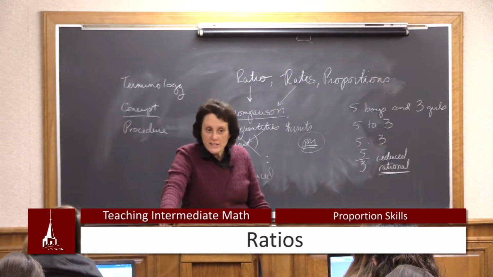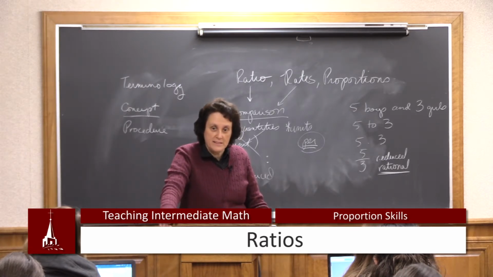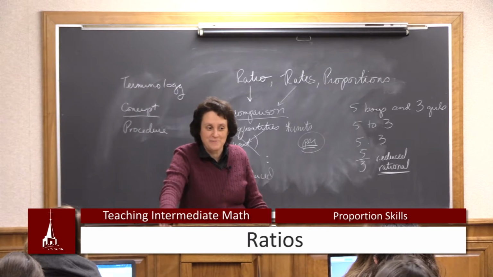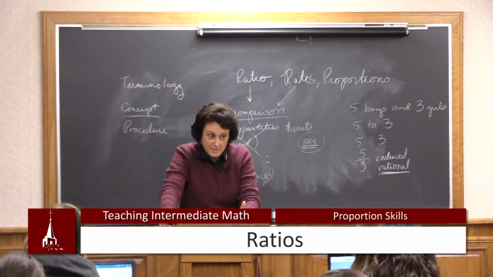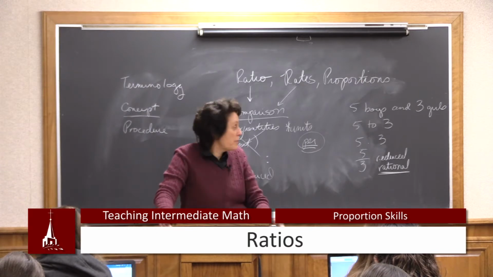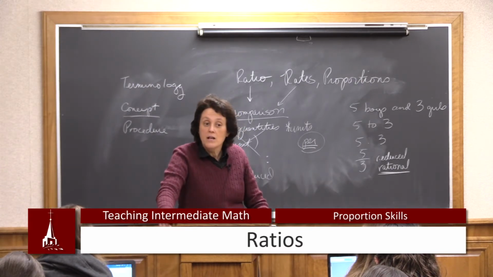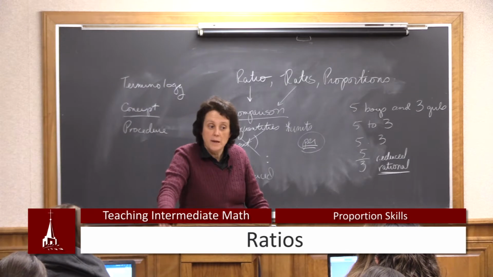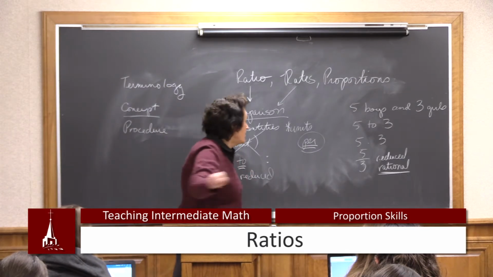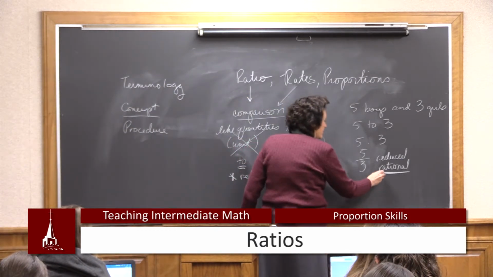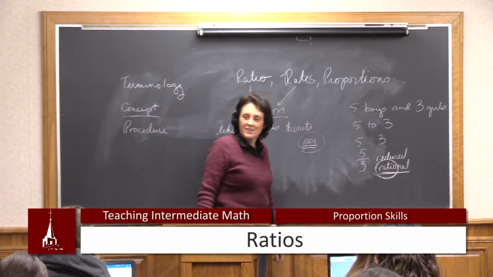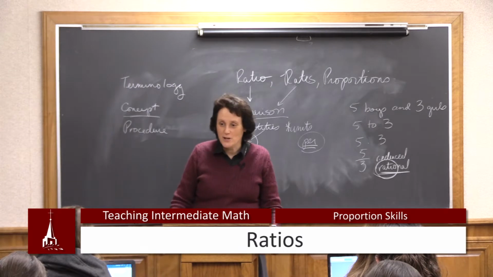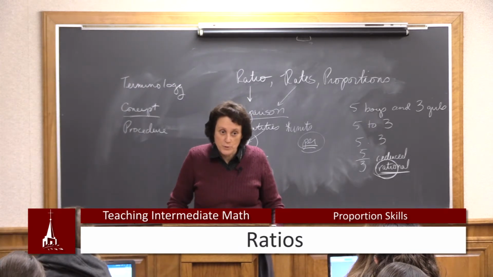What does the word rational mean? Mathematically speaking, not logically speaking. It means it can be put in the form of a fraction. And reduced rational form does not use mixed numbers. Look at the word rational. What do you see inside the word rational? You see the word ratio, same root.